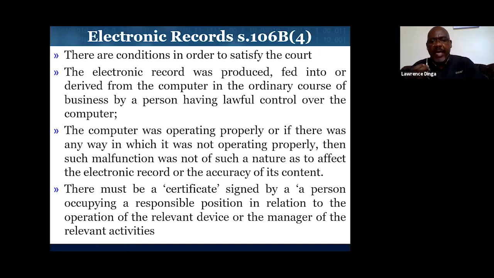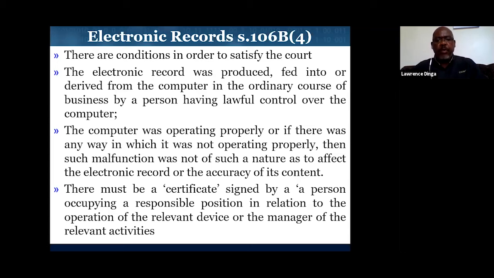Now, when we talk about section 106B, we're talking about electronic records. They are conditioned to certify to the court that the electronic record was produced, fed into, or derived from the computer in the ordinary course of business by a person having lawful control over the computer.